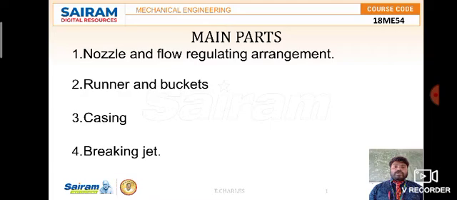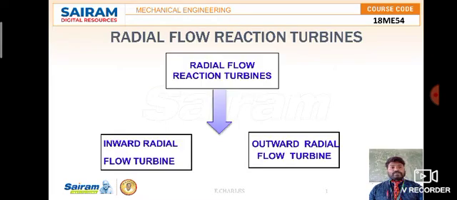It will protect all the components from getting exposed to the outside, and then there is a braking jet, where we can control the flow of the water which is coming out from the jet. So these are the main parts of the Pelton wheel.